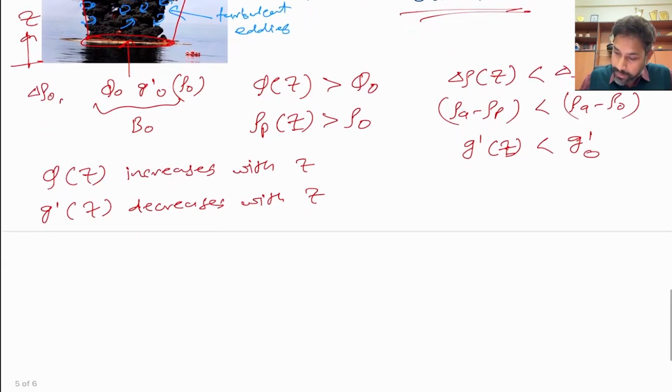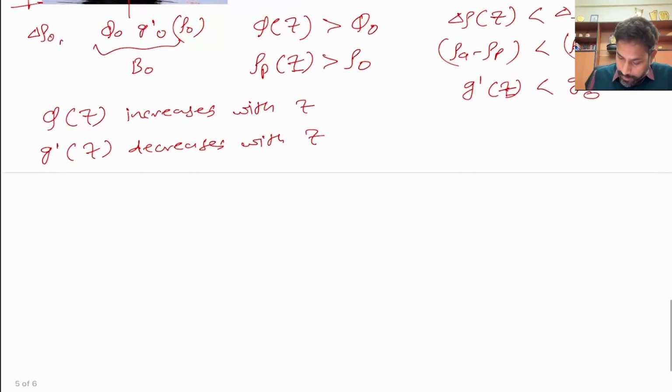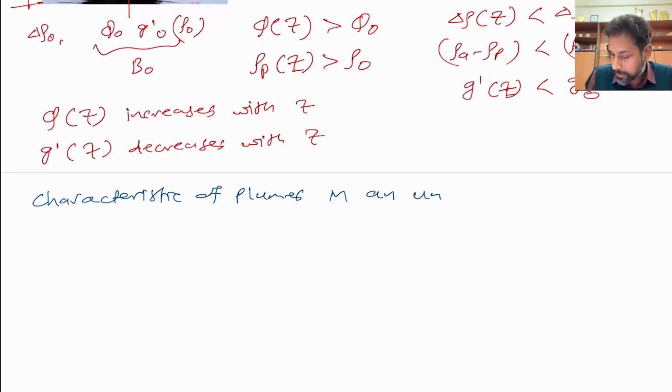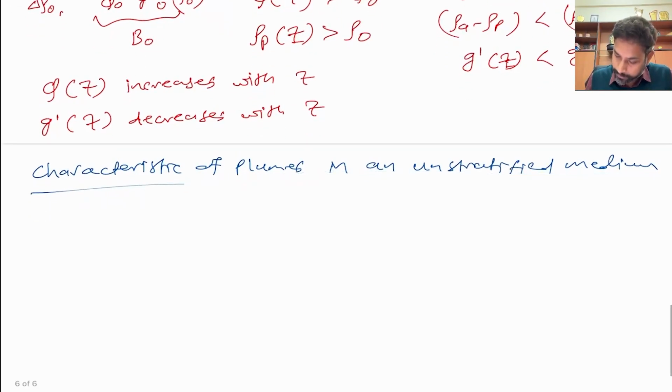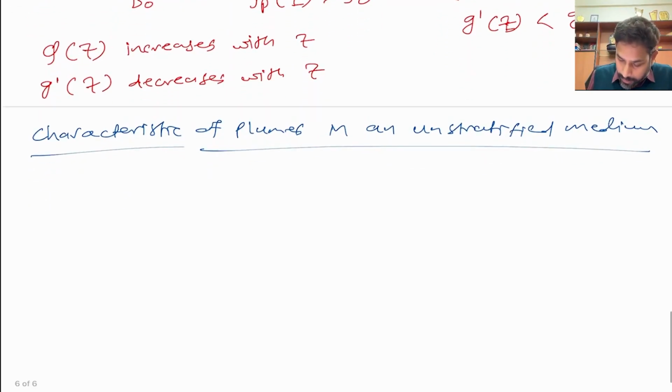What actually happens is a characteristic of plumes in an unstratified medium, that this Q times g prime, which we can define as buoyancy flux, is constant.